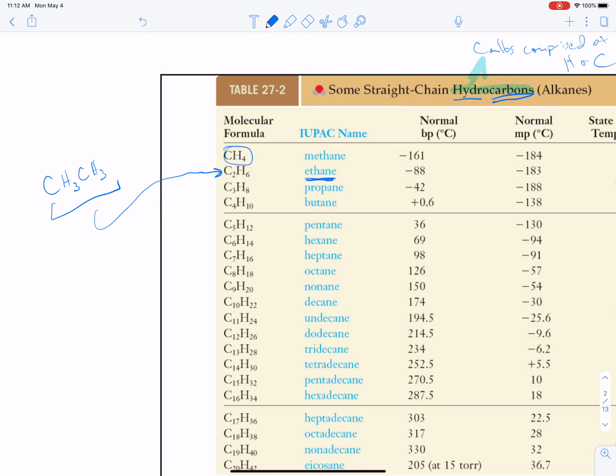So I really kind of like this condensed structure that's over here, because this thing actually shows how the structure looks. It shows how things are bonded. The extraordinarily supercondensed structure, also known as your molecular formula, does not show how things look.